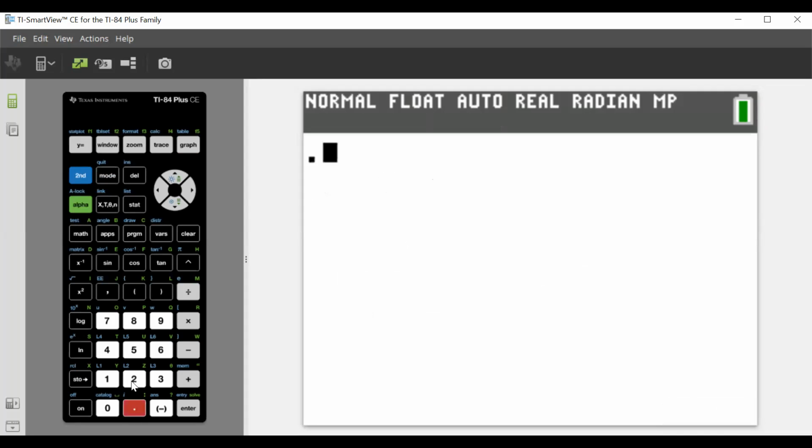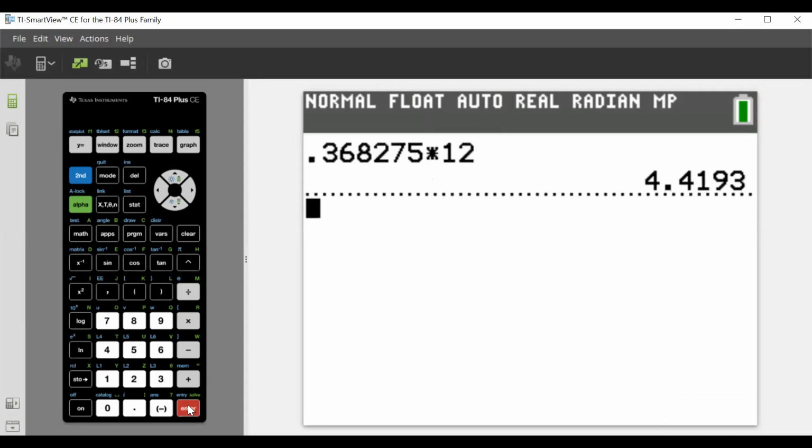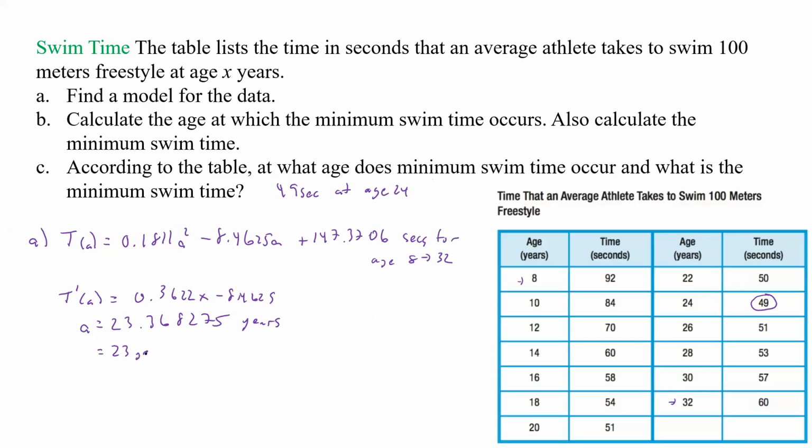We'll just go 368.275, and we'll figure out how many months it is, at least get to the months. So that's 4 months, 4 point, almost a half month. So we'll say that this is 23 years, 4 months. Okay, so that makes it a little better as far as what we understand.